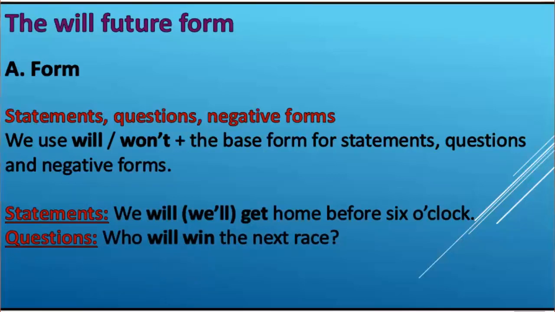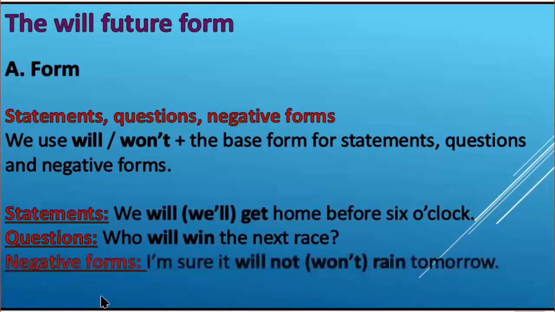What about negative? In negative forms, we use will not, or you can use the abbreviation of will not, it is won't. Then I can say, I am sure it will not rain tomorrow. I'm sure it won't rain tomorrow.